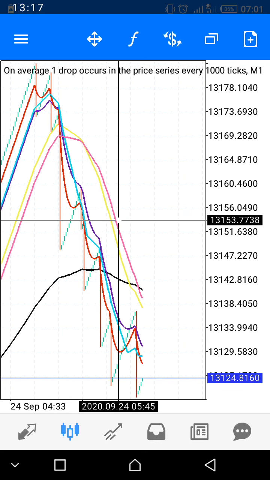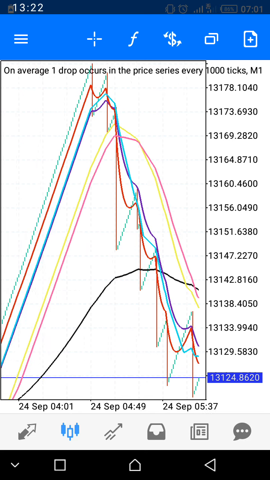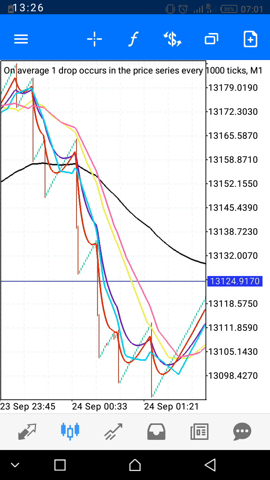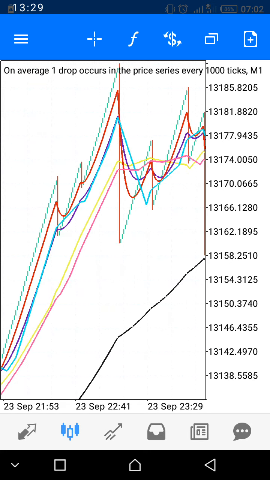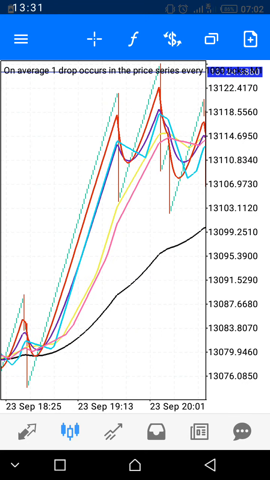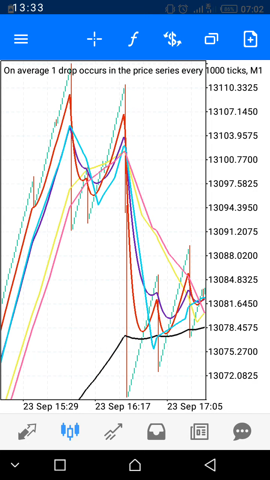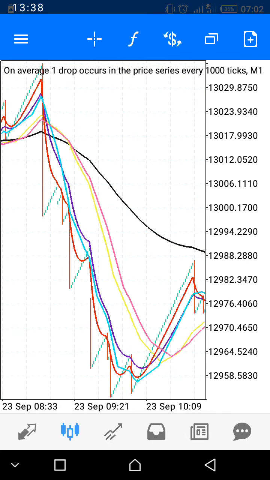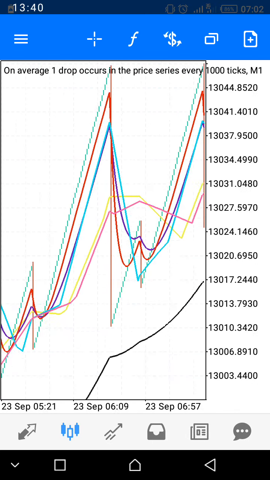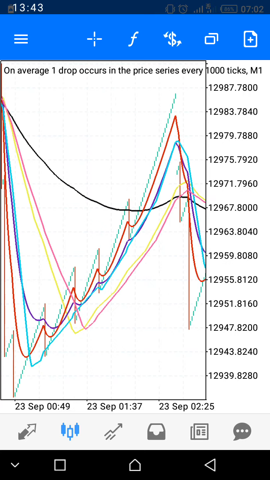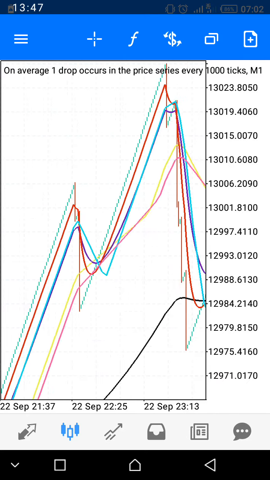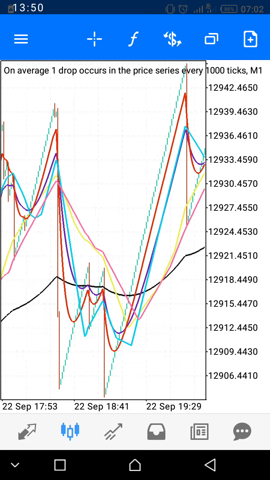So please understand each indicator, what it does. Now let's check out what 55, the power 55, the 55 EMA. Let's go back a bit and let's see.